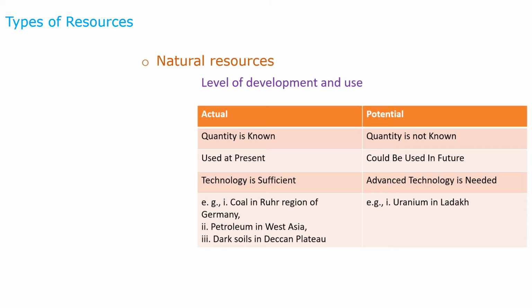Coming to the point, examples of actual resources are coal in the Ruhr region of Germany, petroleum in West Asia, and dark soils in the Deccan Plateau.